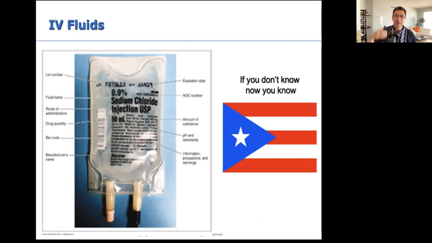So ever since then, they rebuilt Puerto Rico, and they also made IV fluid factories all over the US, so that doesn't happen again. So it was a shock to all of us that Puerto Rico supplied IV fluids for America. We don't even know, probably the rest of the world.